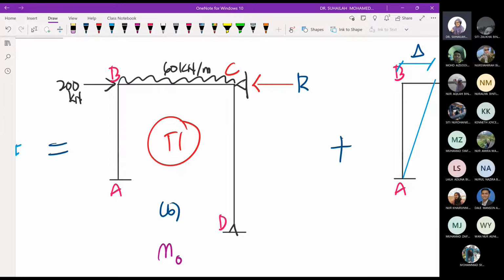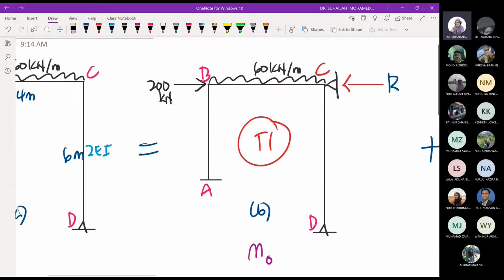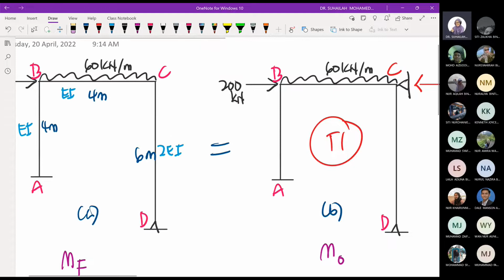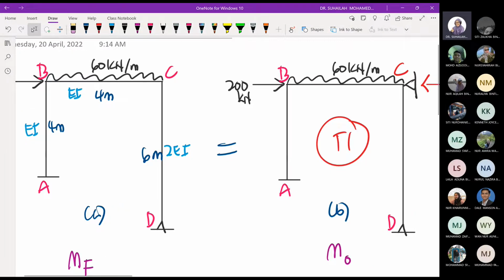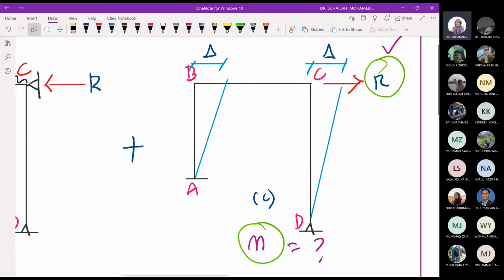But since diagram B is not equal to diagram A, because diagram A has a combination of external loading as well as delta, by applying the principle of superposition we will have another diagram.